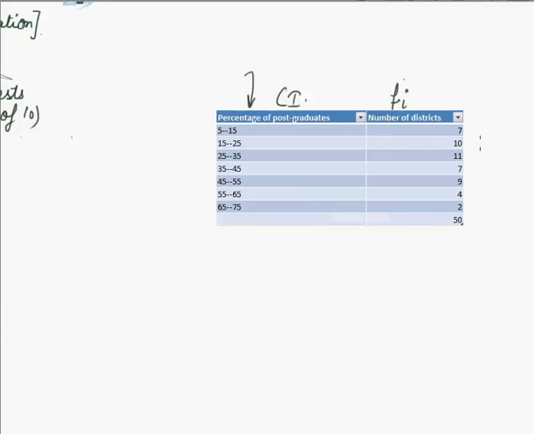Friends, for such a case, we cannot just look at the table and say that a particular value is occurring most number of times. But we can locate the maximum frequency, which is 11 in this case. Friends, the class interval belonging to this maximum frequency is known as modal class.